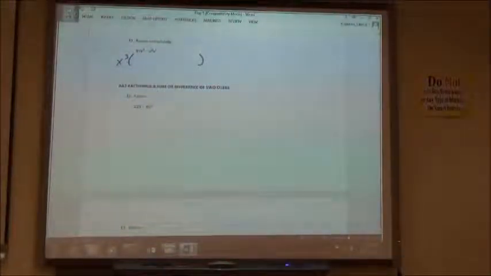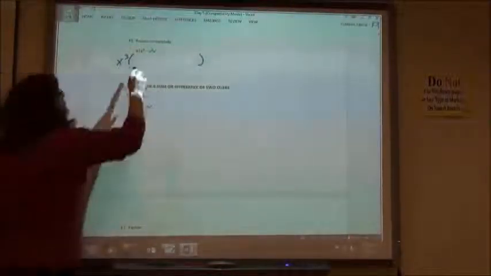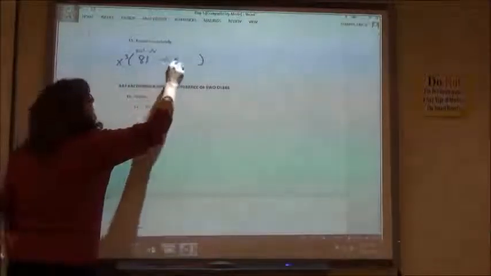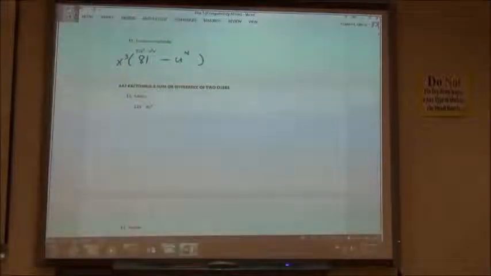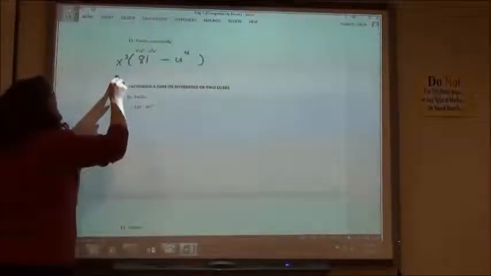So if you cross that x to the third out of each of those, what do you have left? 81 minus the u to the fourth, right? And 81 happens to be a perfect square. It's a good thing.